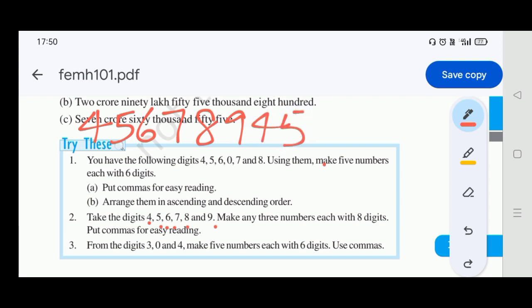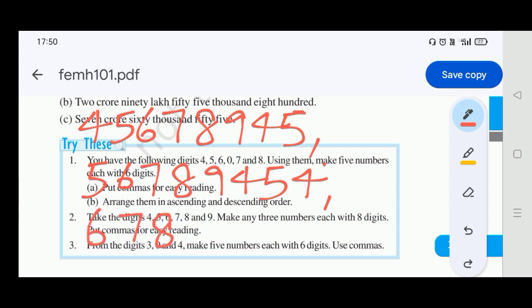4, 5 as one number. The other two numbers would be... so I randomly made three numbers.